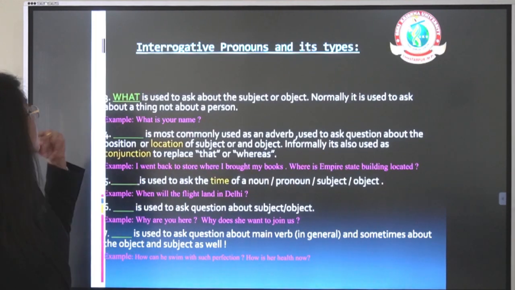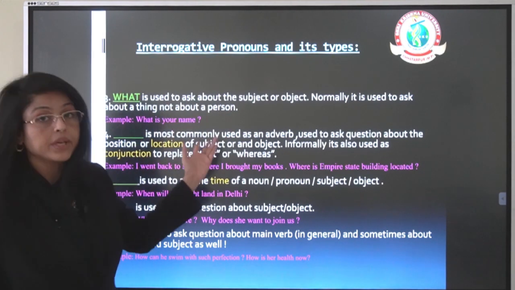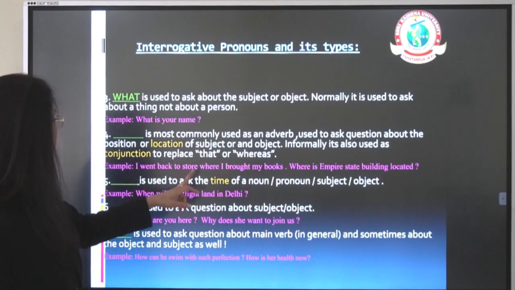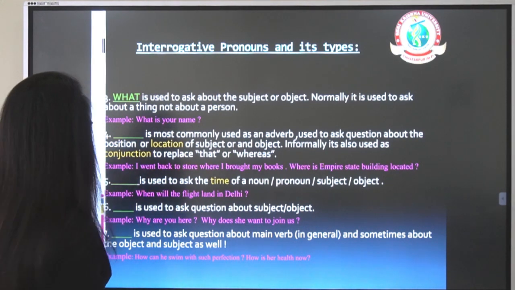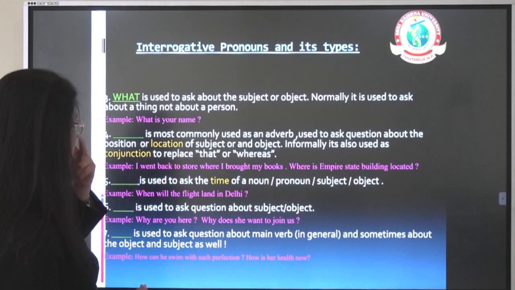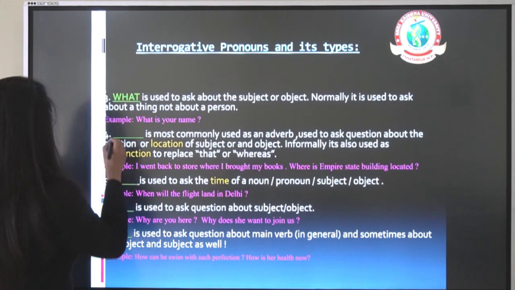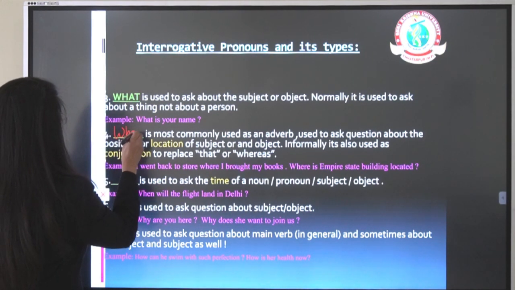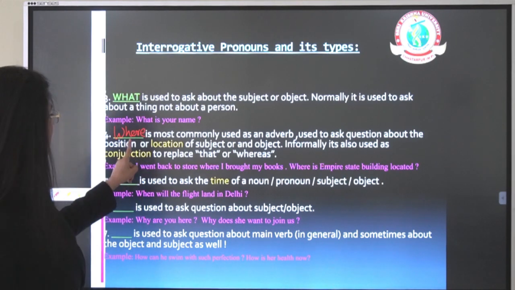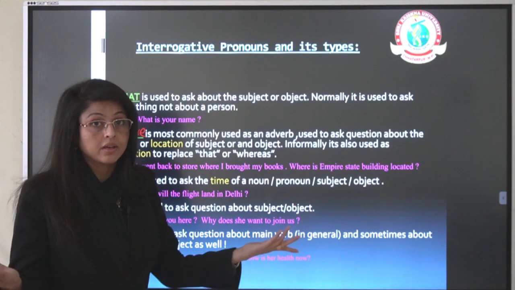More words. What is used to ask about the subject, like what is your name? Then where is mostly used to understand the location, the position.